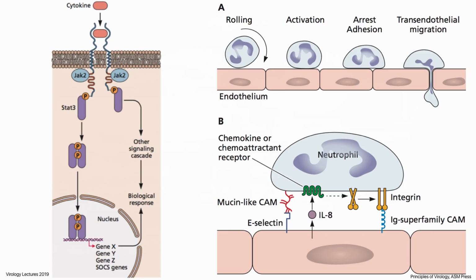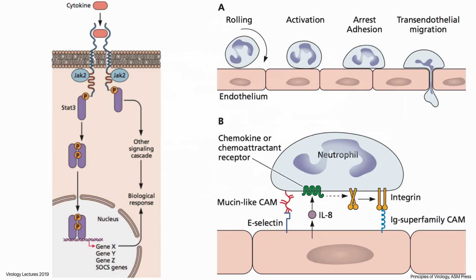So we're looking at it on the bottom in a higher magnification. So here again is our endothelium, which has a whole series of proteins on its surface, of course. Here, the IL-8 is coming through from the infected tissues underneath. That's a chemokine. It binds to a chemokine receptor.